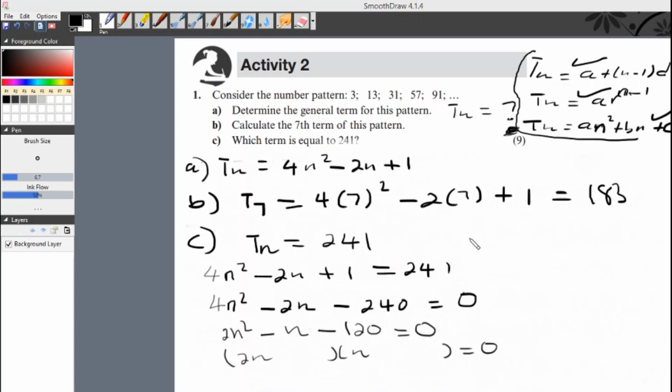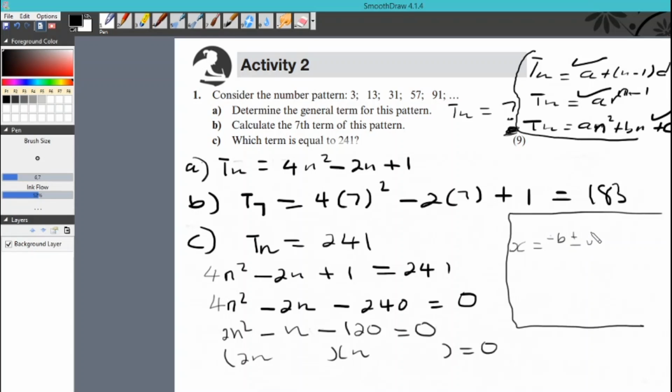If you can't factorize by picking numbers, you can use the quadratic formula. I think it's available on the formula sheet. So the quadratic formula: x is equal to minus b plus or minus the square root of b squared minus 4ac, all over 2a, right?